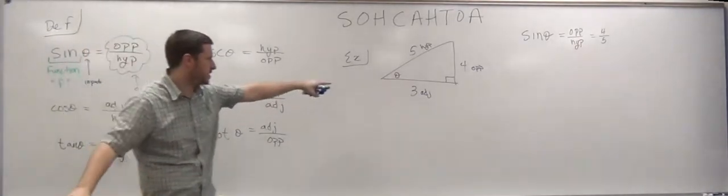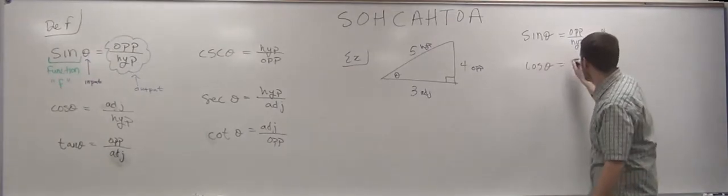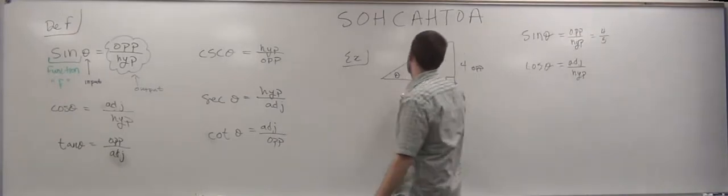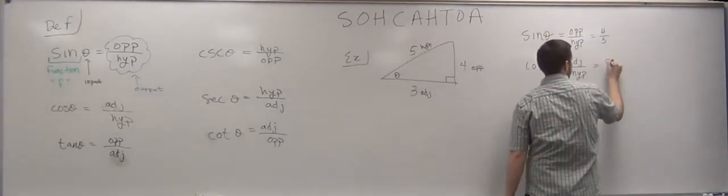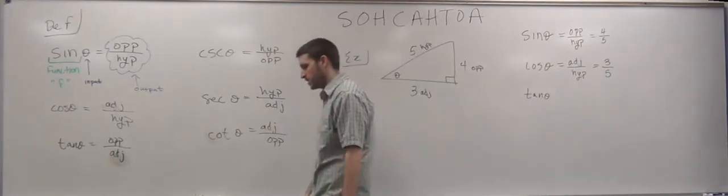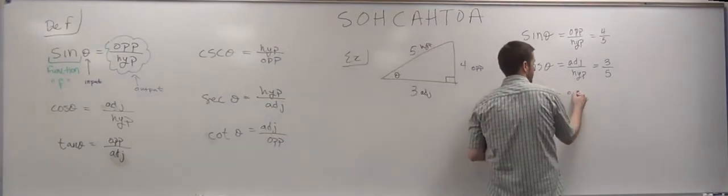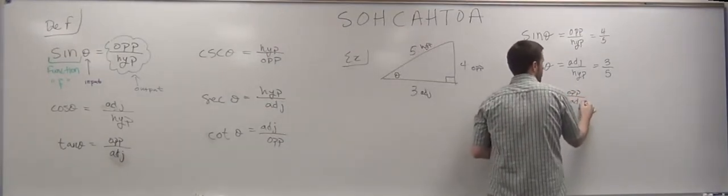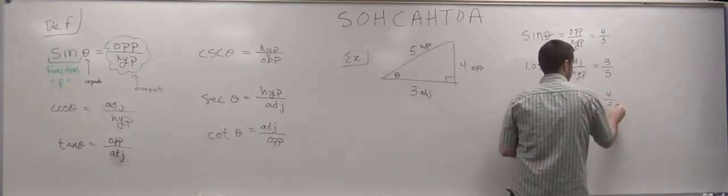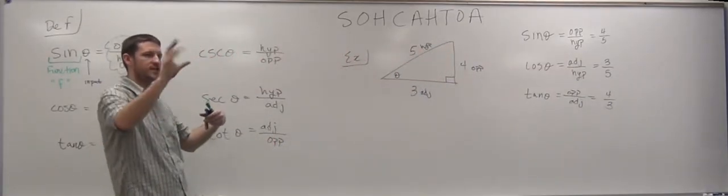What's cos theta for this particular triangle? Cosine is always adjacent over hypotenuse, and for this particular triangle, that's 3/5. Tangent of theta is always opposite over adjacent, and for this particular right triangle, that means 4/3. And then you do the reciprocals.